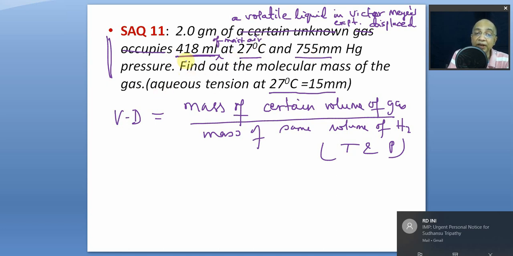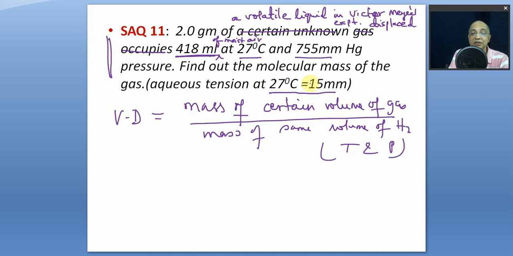Find out the VD, and then obviously the molecular mass.